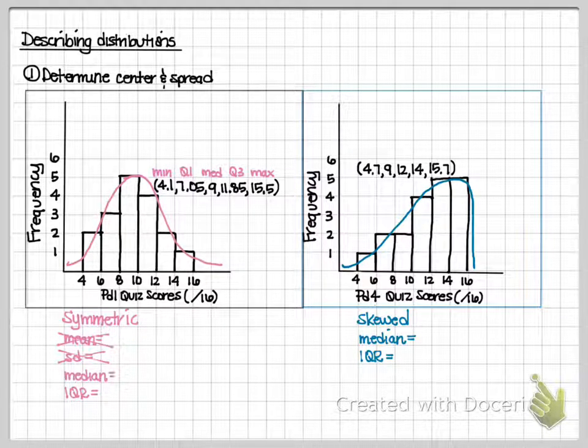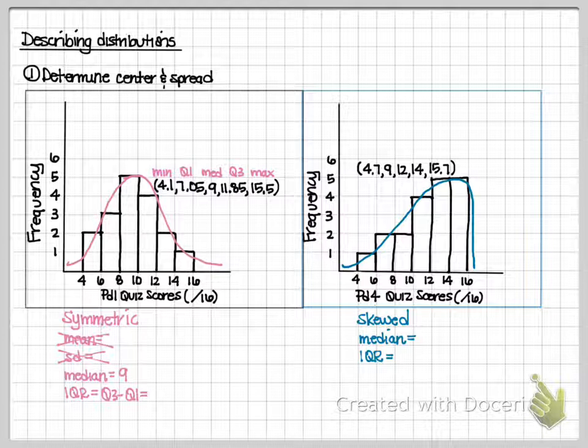I can now extract the median directly from the 5-number summary. So down here on my symmetric graph, I would say that my median is 9. Now my IQR, that is the difference between Q3 and Q1. Keep in mind that IQR is a distance or a range between things, which means when you subtract them, you've got to make sure that it's the bigger number minus the smaller number.